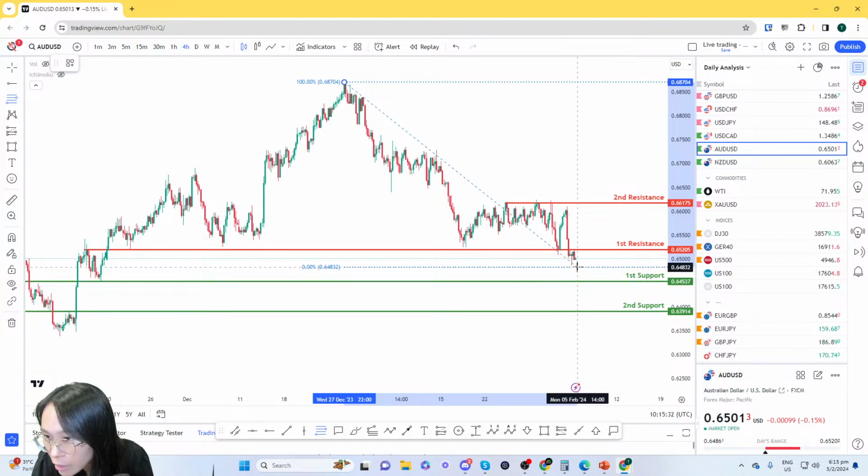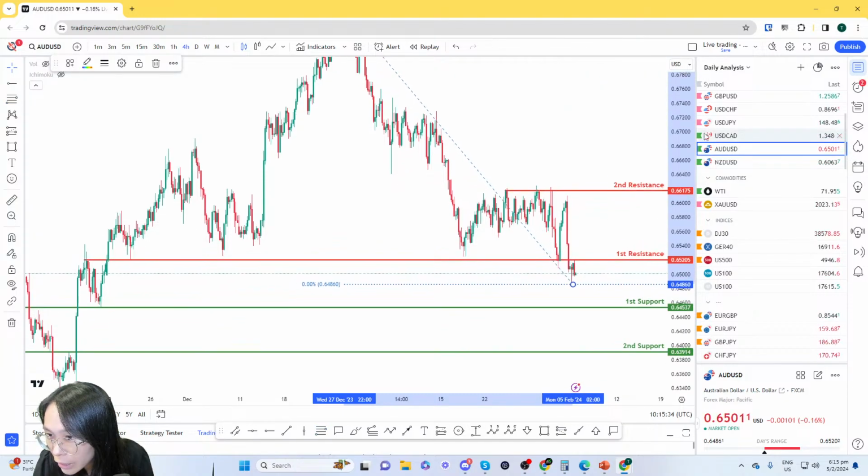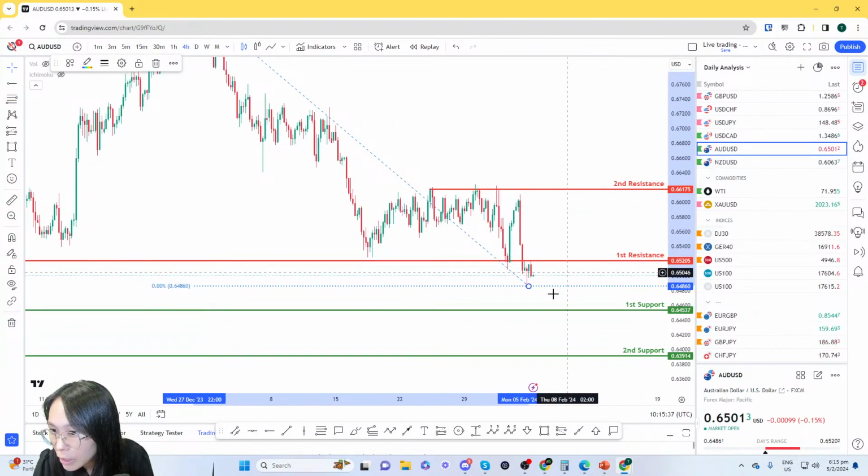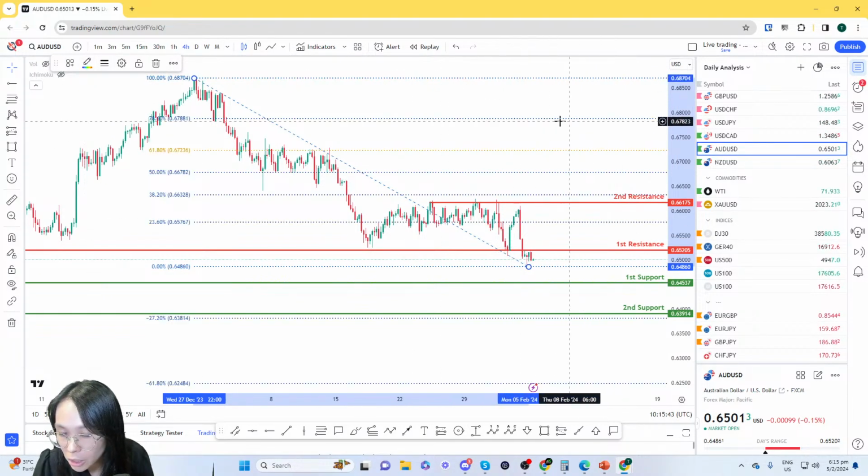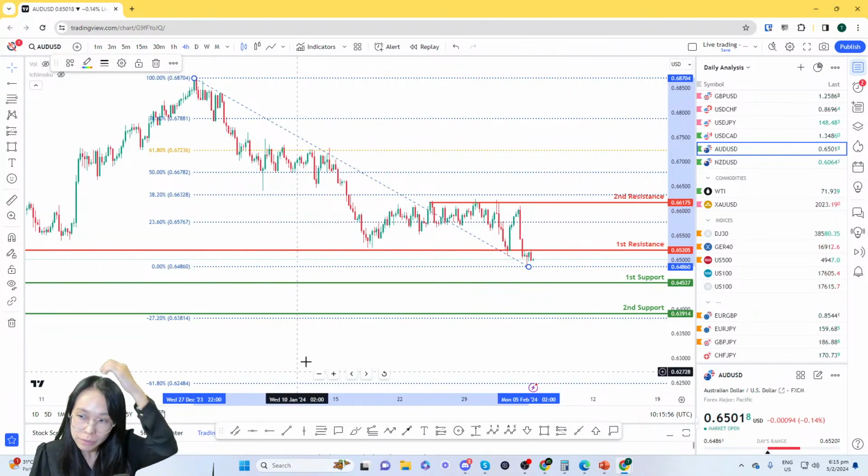Since the price is going up, you can see that the price is trending up, I could use this swing low here for my Fibonacci. I have the 38.2 that aligns very closely with our second resistance. The 23% is a bit too far, so I'm not gonna use it.